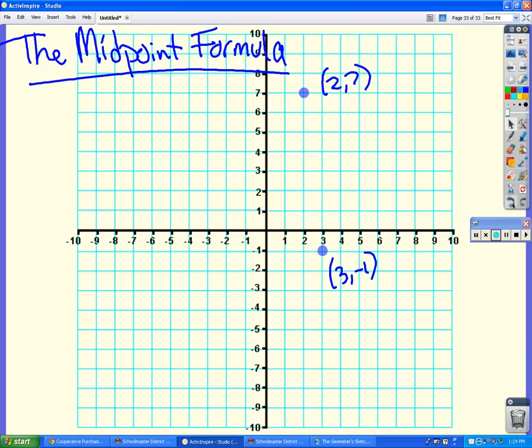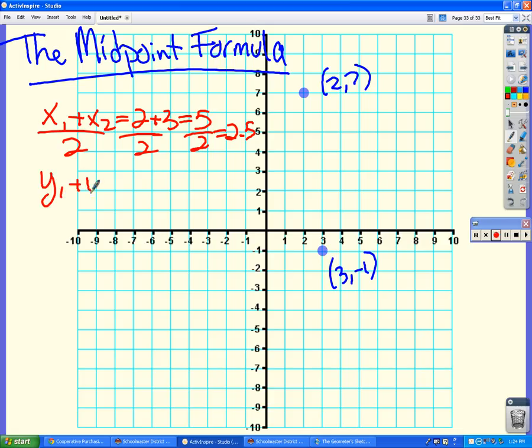So if I combine those 2 ideas into 1, if I take the x's and add them together, 2 plus 3 is 5. And then we want the average of those 2, so I have to divide that answer in half. So my x-coordinate is going to be 2.5, right? Because can you see that? It's going to be right in between 2 and 3. Okay? And then same thing with the y-coordinates.